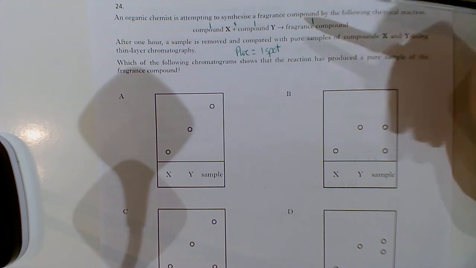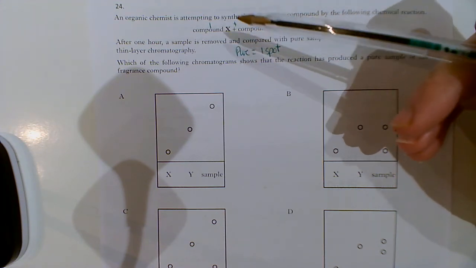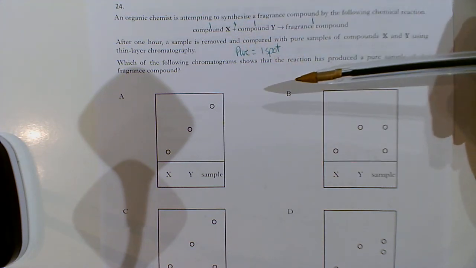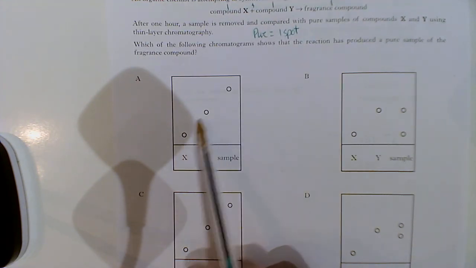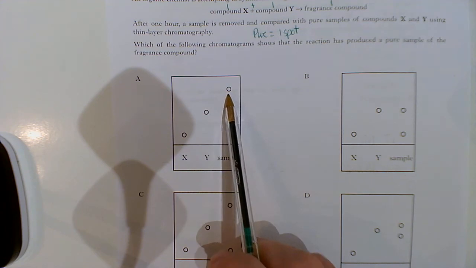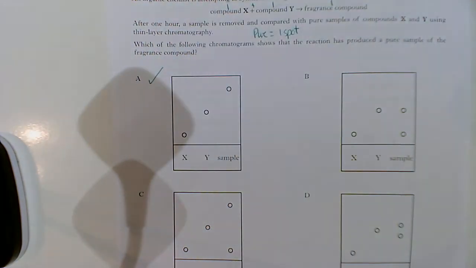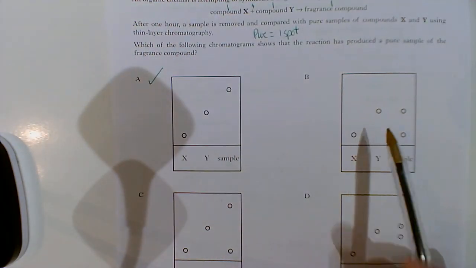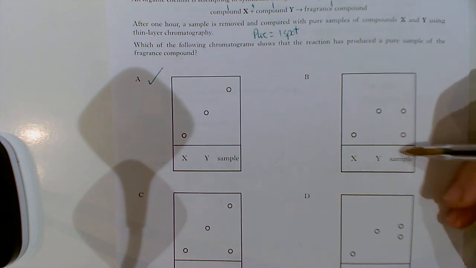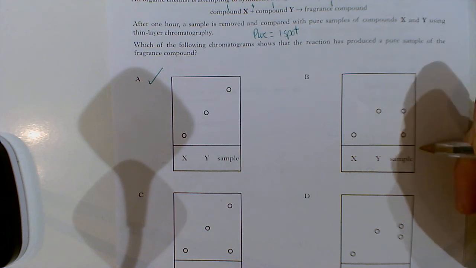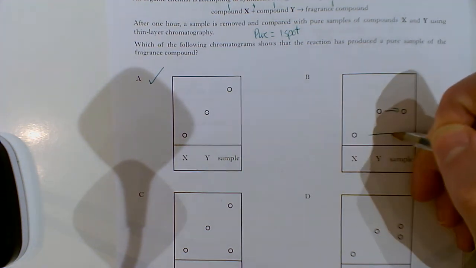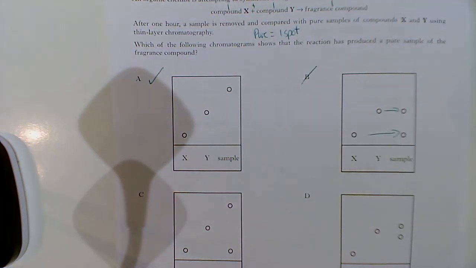And pure product means that it cannot be a spot that matches either of the reactants. So A, well, X is here, Y is here, so it's not a reactant, and we've only got one product. So this looks correct. B, we've got two spots, so it's not pure, and also they match the reactants, so it's not that.